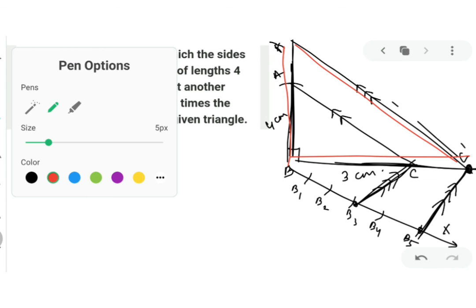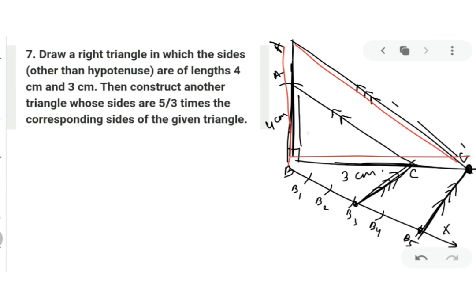And which one is the original? I will mark black, ABC. So ABC is your original, A dash B C dash is your new triangle, which is 5 times of the original triangle. Got my point clear? Okay, God bless.